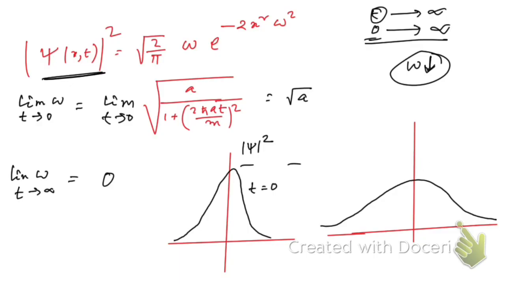And as we know, according to this normalization condition, the integral from minus infinity to plus infinity must be equal to 1. So to satisfy this condition, this must be broadened. Okay, right? Hope you have understood this, for t greater than 0.